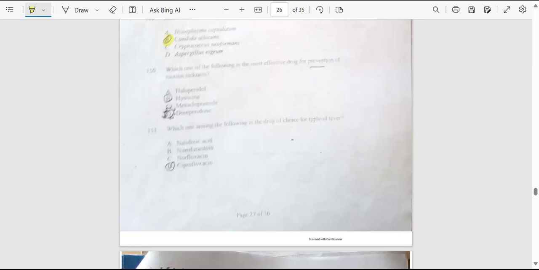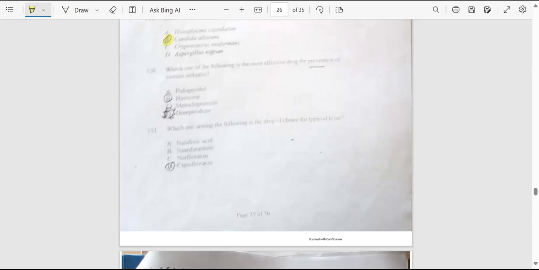I think it usually acts on the smooth muscles present in the gut, therefore reducing your motility. I think that's how it works, if I'm not wrong. So I'm thinking I'll change to D. Domperidone, I'm not sure.